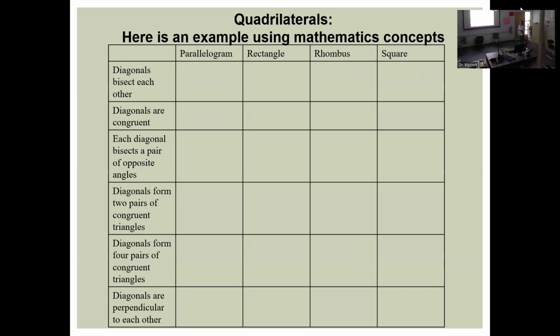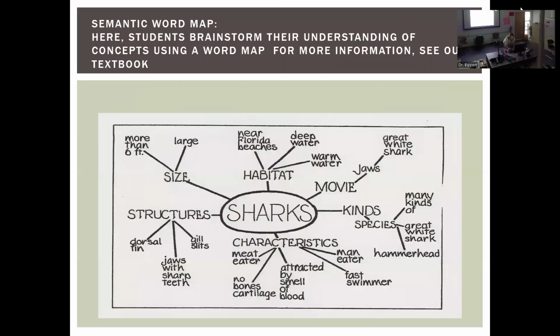So like I said, it really lends itself to science or mathematics. It depends on what you're teaching and what you're focusing on, but it's a really good, quick way to assess their understanding of your vocabulary. And in this case, they're also using context. They're understanding how their vocabulary words are connected with each other as well. So if you're a math or science person, that might be something that you like.